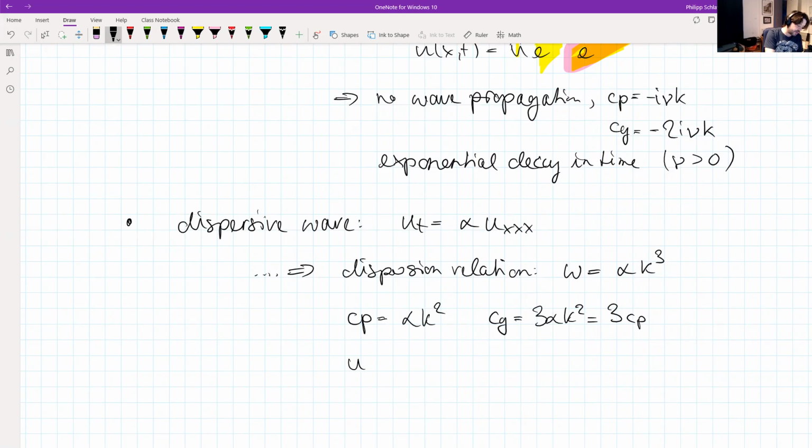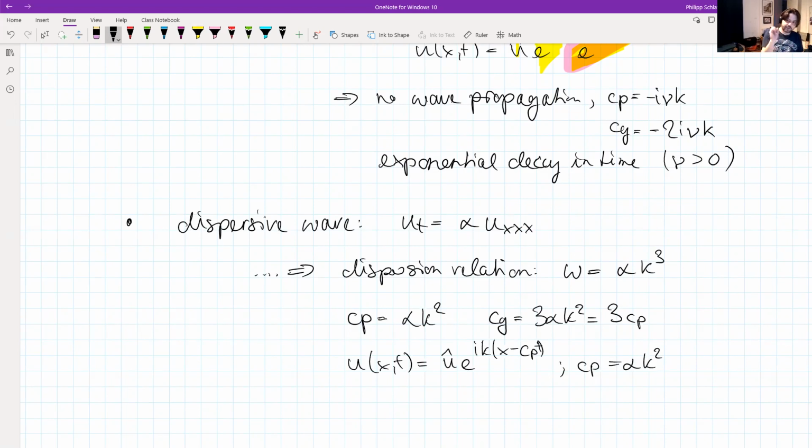My exact solution, u of x and t, would then be something like u hat times e to the ik times (x minus Cp times t). That, of course, is exactly the same as I had for the advection equation, but with Cp being alpha times k squared, as I just wrote.